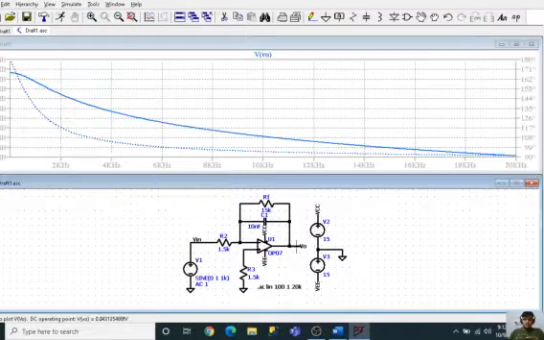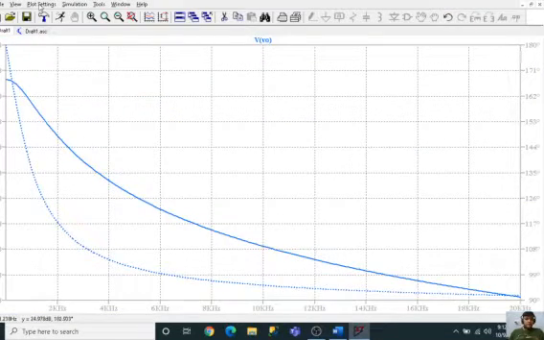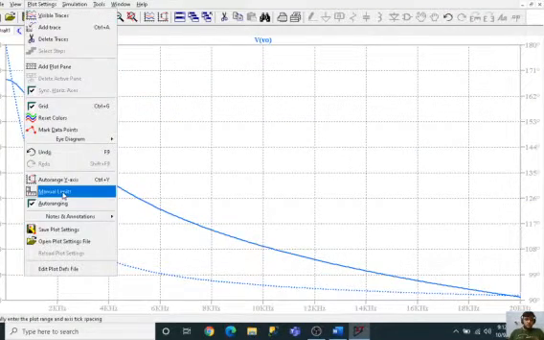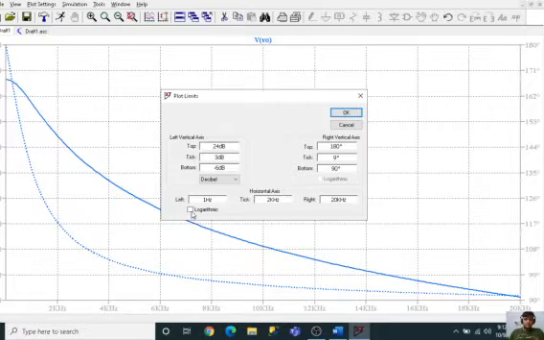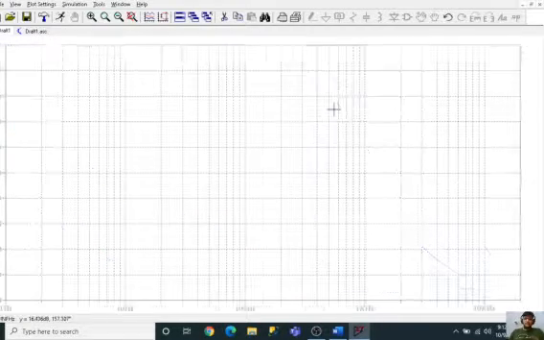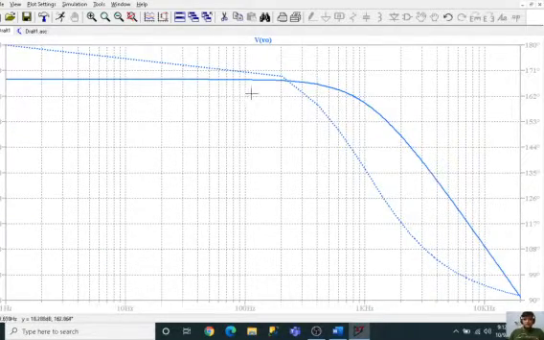So now let me get to output, V out. Okay, so I will go to plot settings, go to manual limits, and make sure you use a logarithmic scale for a better view. So this is the frequency response of an integrator.